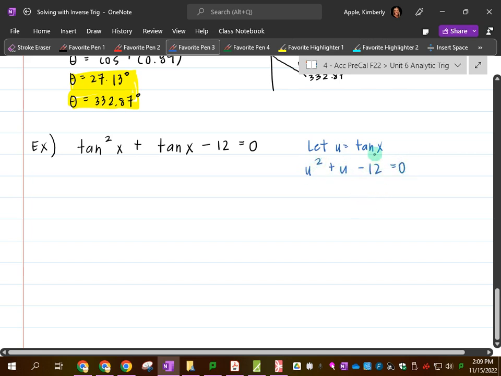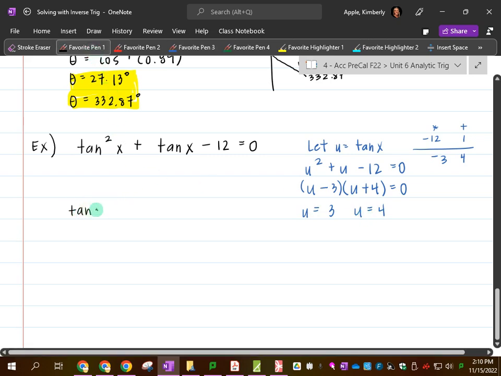Can we factor this? Yes. So what are my two numbers? I'm multiplying to negative 12 and I'm adding to positive 1. So that's 3 and 4, and the 3 is negative, right? This is u minus 3, u plus 4 equals 0. So u is equal to 3 and u is equal to negative 4. Agree? Yes.